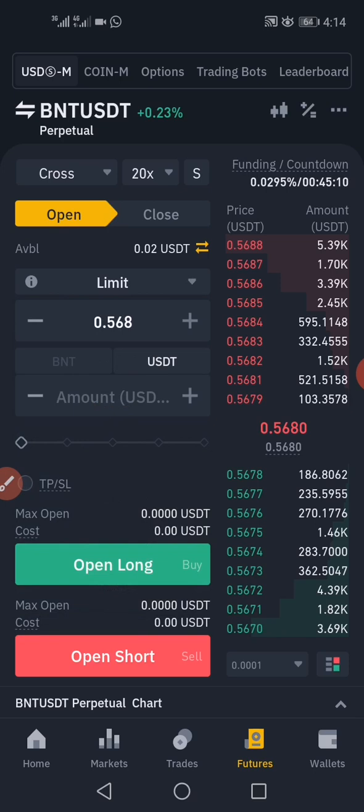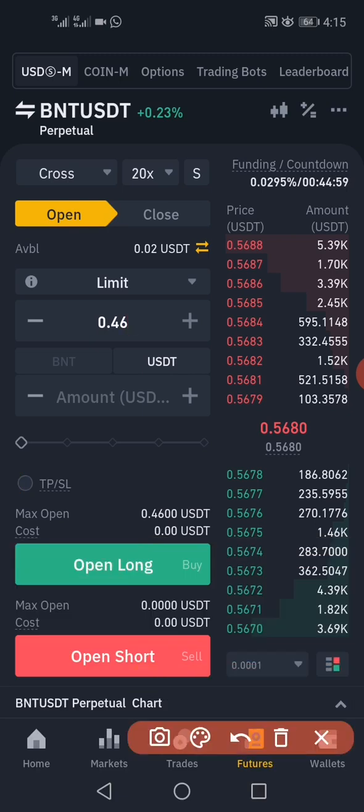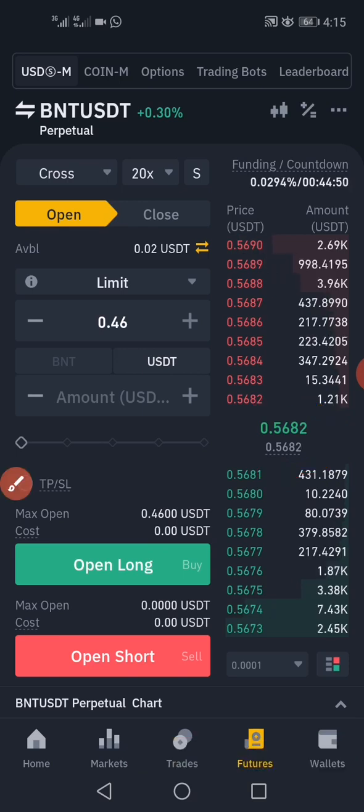I can enter the price and say I want to buy at $0.46 for this particular coin, because the coin is already trading at 0.5680, but I want to buy at 0.46. So that's limit. I close it, and now you know what limit is.